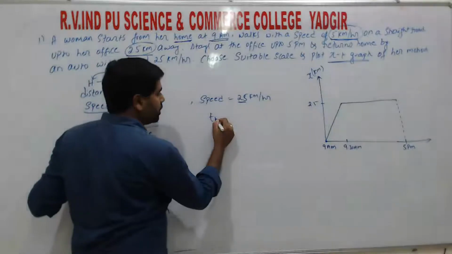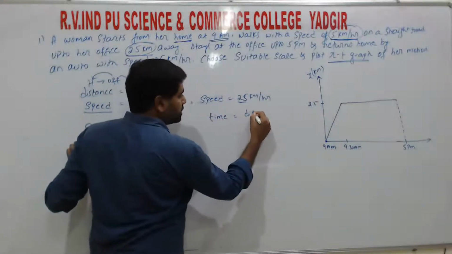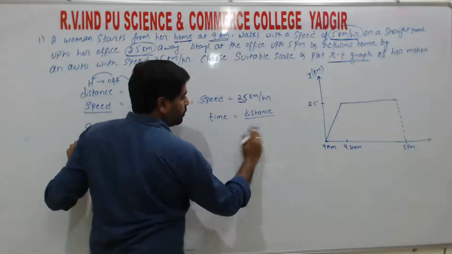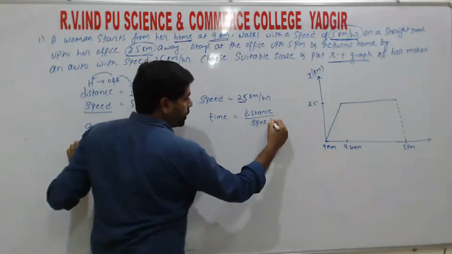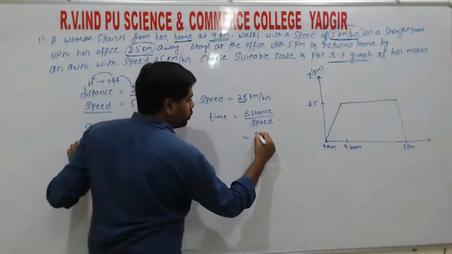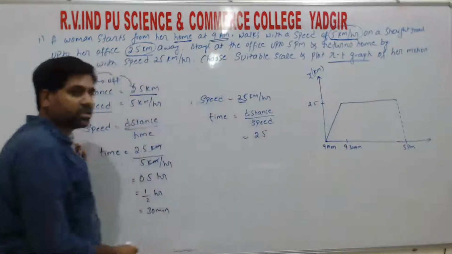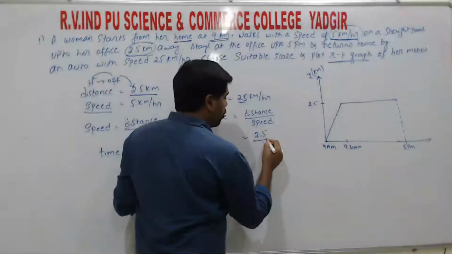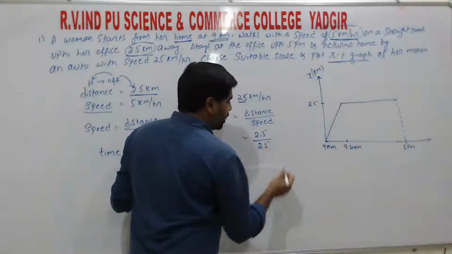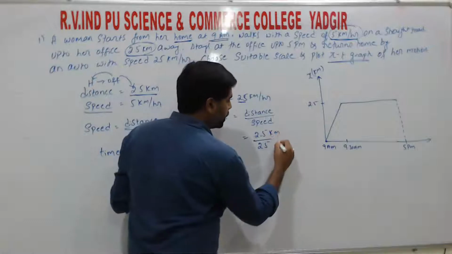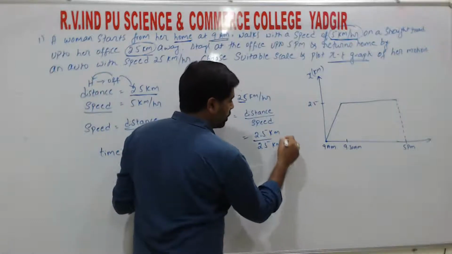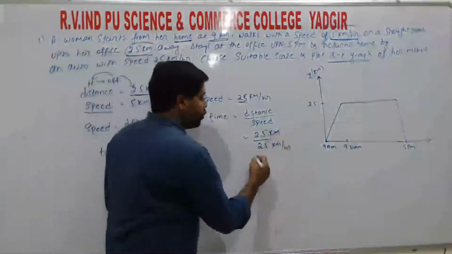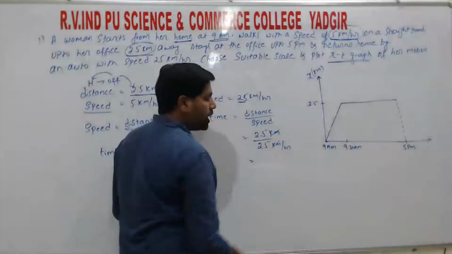By the same formula, time is equal to distance by speed, right? The distance is again 2.5. The distance won't change from her home to office or from her office to home, but the speed is 25 kilometers per hour. So kilometer cancels, and hour goes to the numerator. So 2.5 divided by 25.